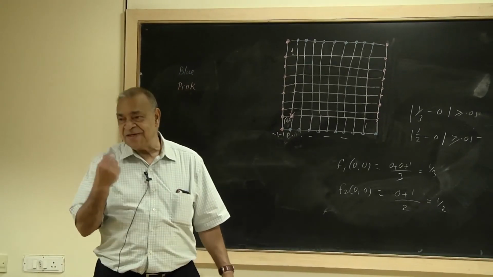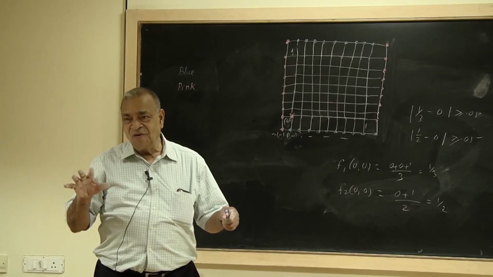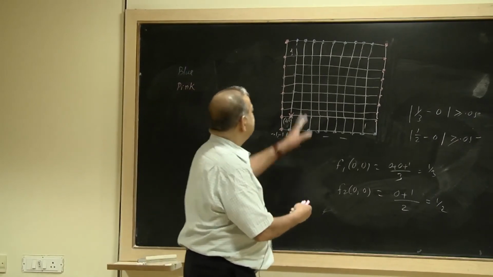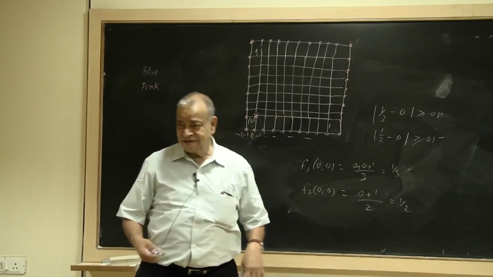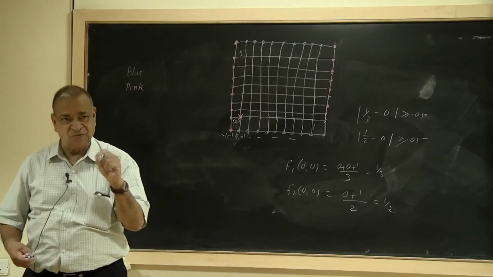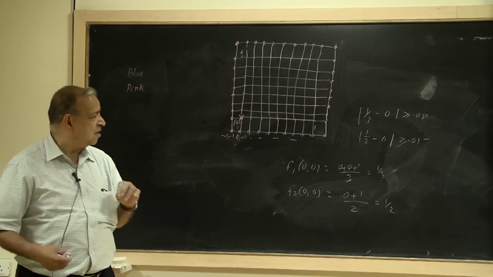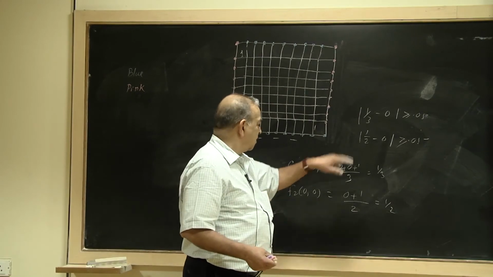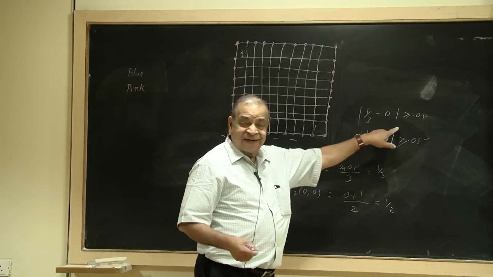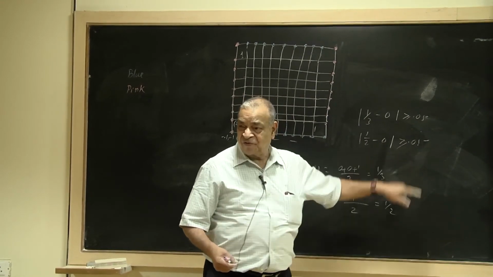So the procedure is the following. We know if the entire thing gets filled with one of these two colors, it is equivalent to saying either f1(x) minus x is greater than or equal to 0.05 or f2(x) is greater than or equal to 0.05.